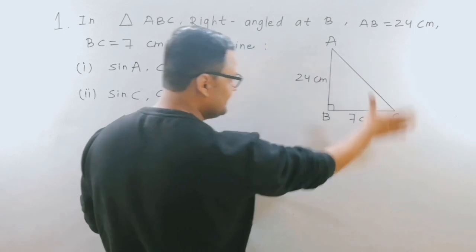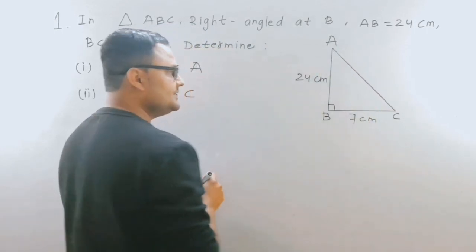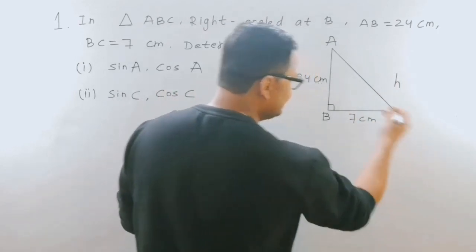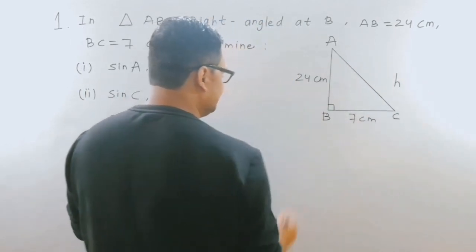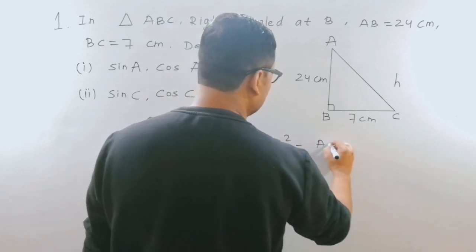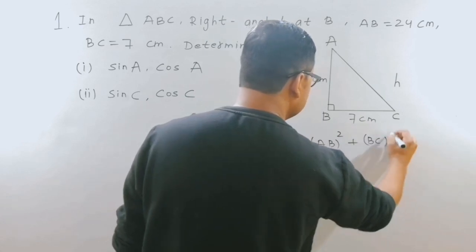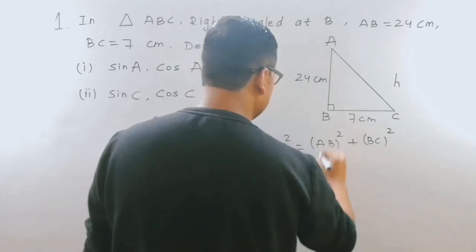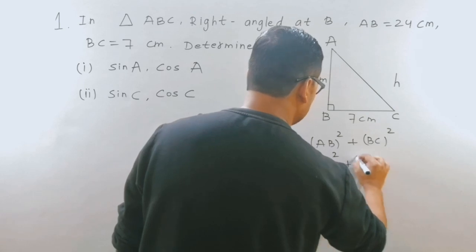I told you we need Pythagoras. Now in this triangle, the side that is opposite to the 90-degree angle is the longest side, and we say it is the hypotenuse H. Now I need AC. So AC square equals AB square plus BC square. AB is 24, so square of 24 plus square of 7.